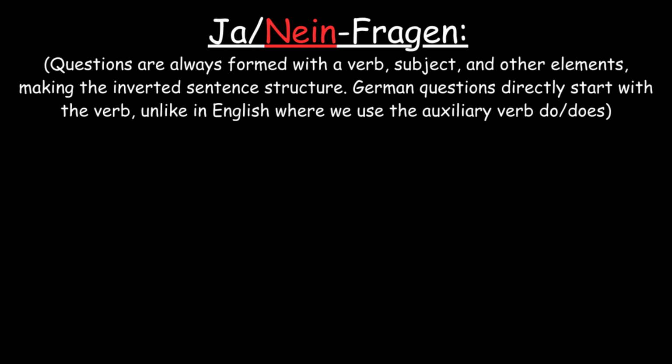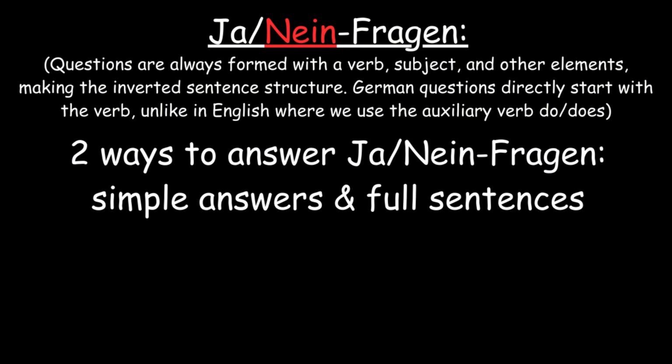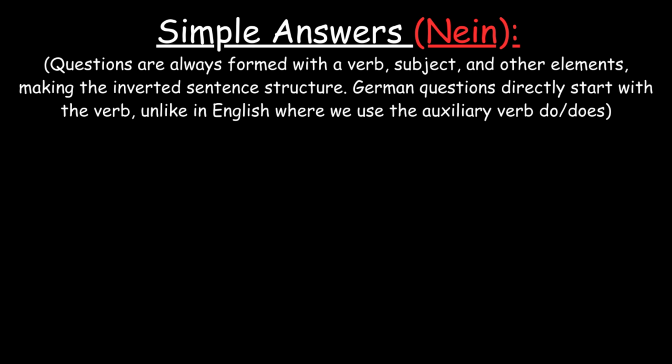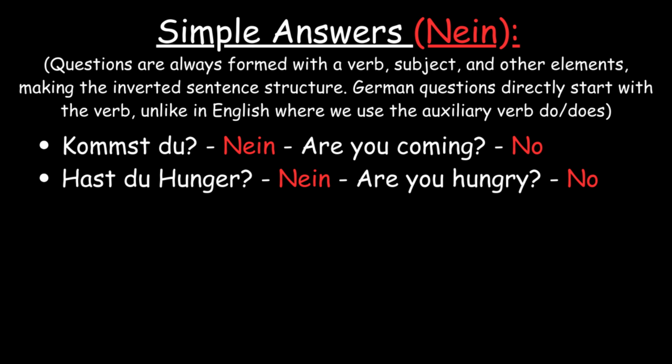Although it's similar to English, German questions directly start with the verb, unlike in English, where the auxiliary verb do or does starts a basic question. In German, there are two ways to answer yes or no questions: simple answers and full sentences. Simple answers can be as simple as saying nein, like: Kommst du? Nein. Hast du Hunger? Nein.